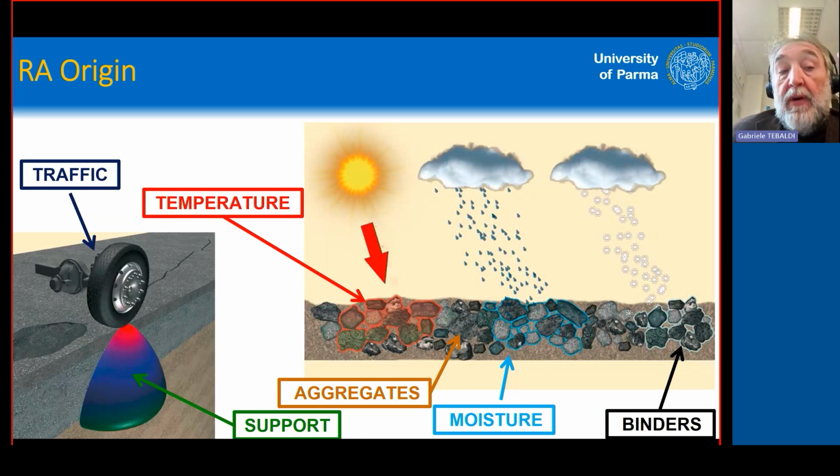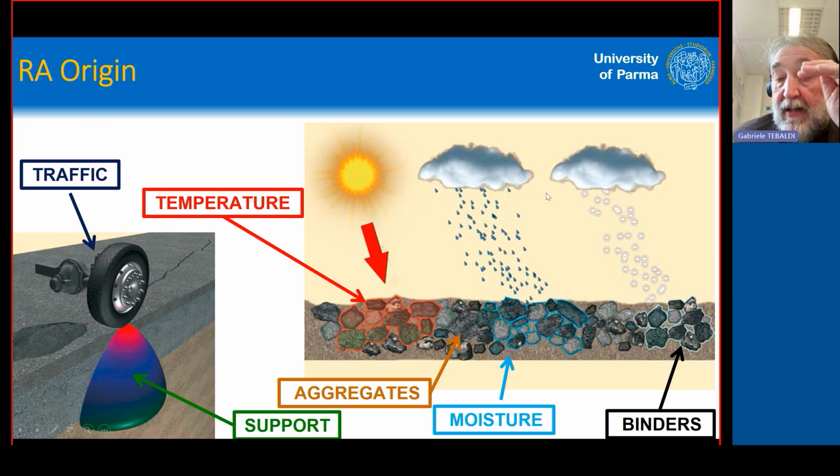What is the origin of the RAP? And again, this is another part that makes this heterogeneity. The RAP comes from an old pavement, so let's say we can describe the generation conditions: the traffic load, because if we have one kind of traffic load, we can have some kind of action on the bitumen, some kind of mechanical condition that acts mainly on the stone part, but generally acts.